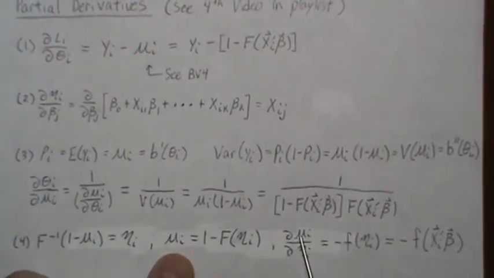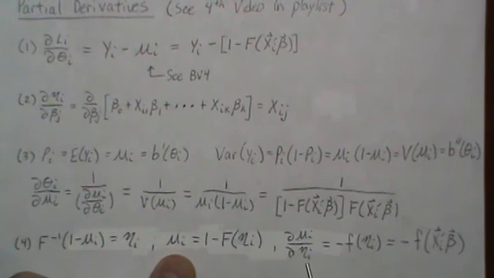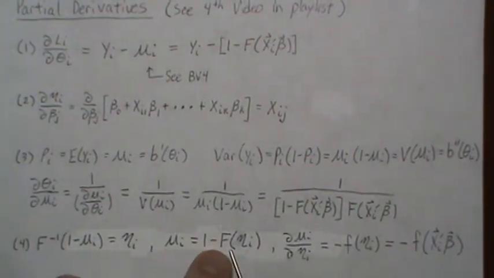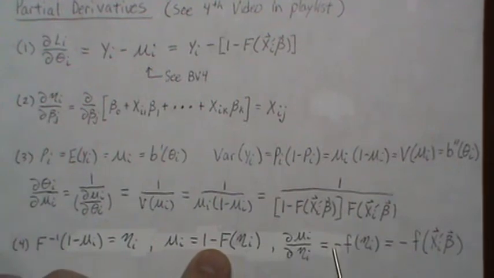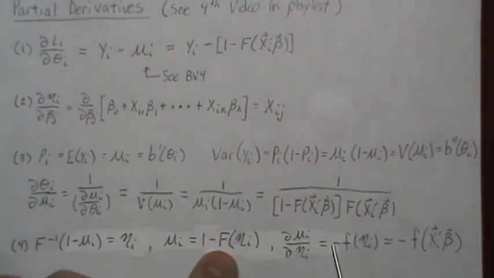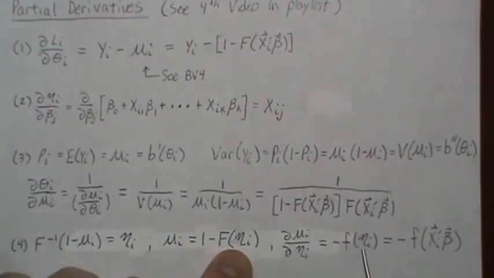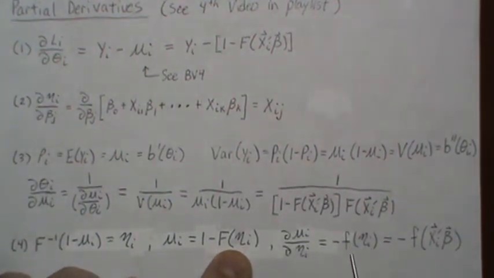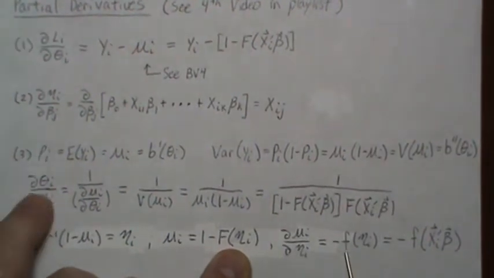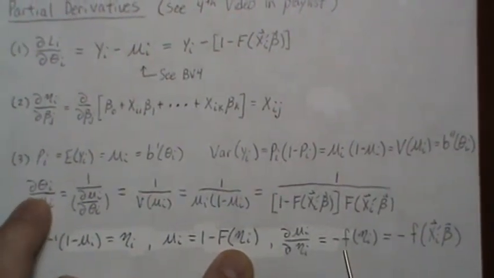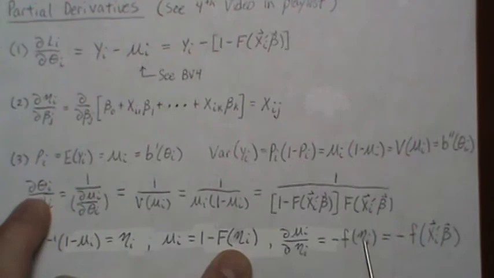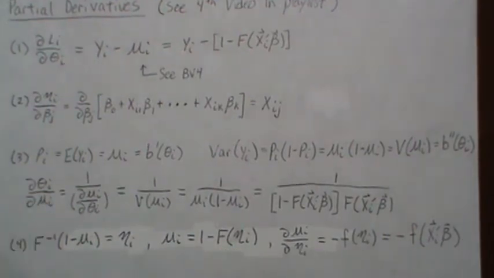Now the partial of mu I with respect to eta I, that's constant, so it goes away, and the minus is out front, and then the derivative of the CDF is the density evaluated at eta I. So this is it. Remember, that's a standard Gumbel distribution. And then of course eta is the linear combination.